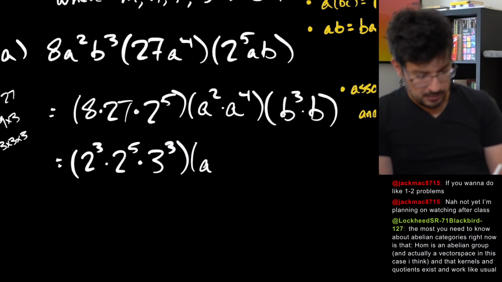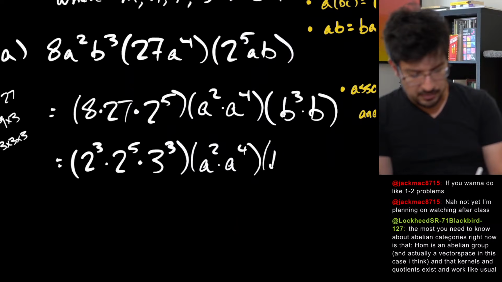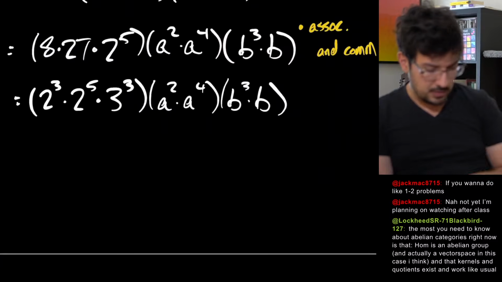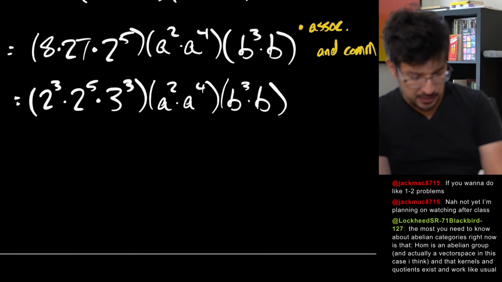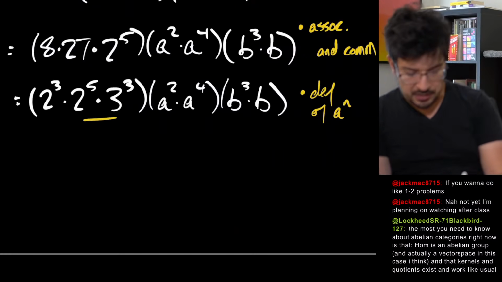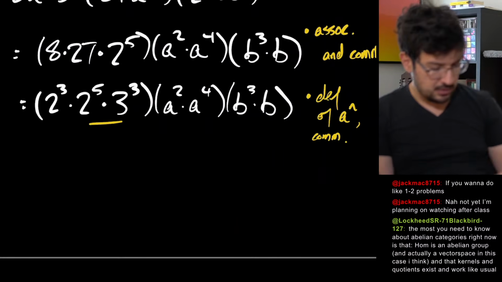For the sake of my proof, I'm going to keep these two portions as is. So this was by definition of a to the n. 8 by definition is 2 cubed, and technically I did also do a commutativity swap as well to swap the order of those two.